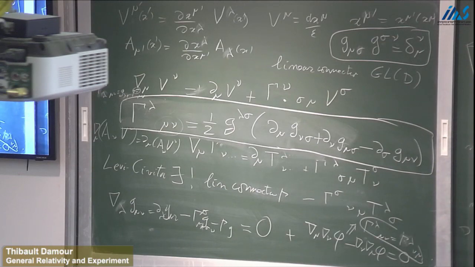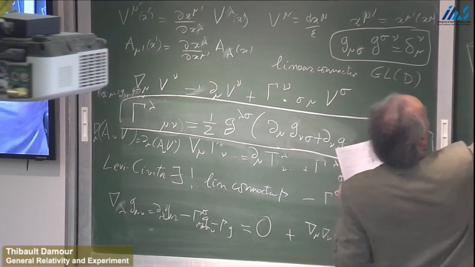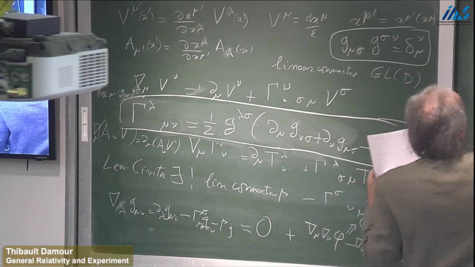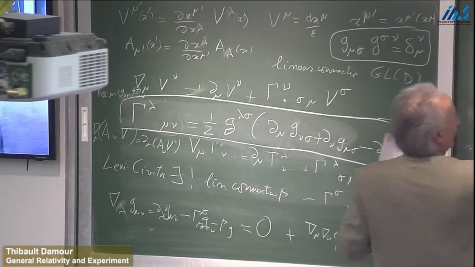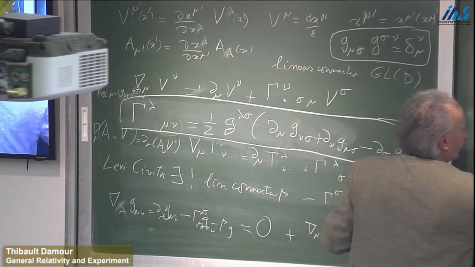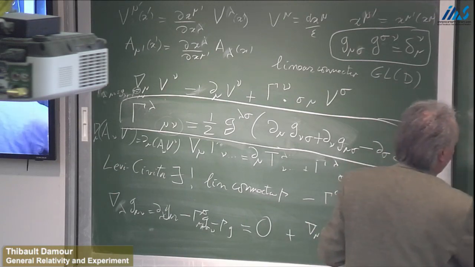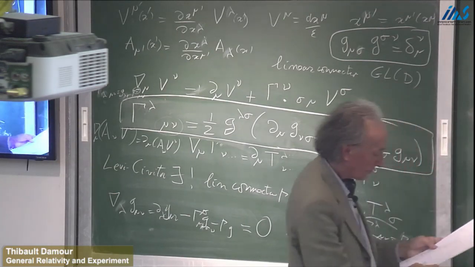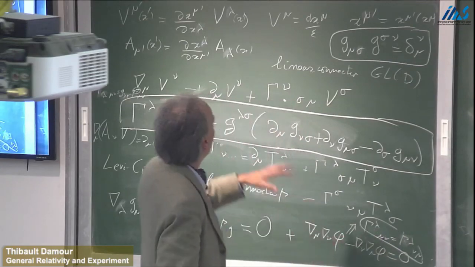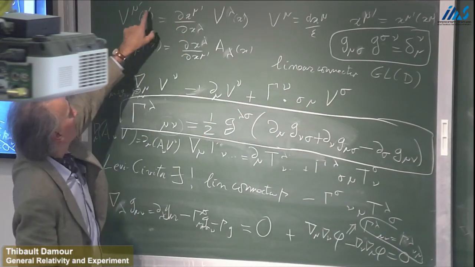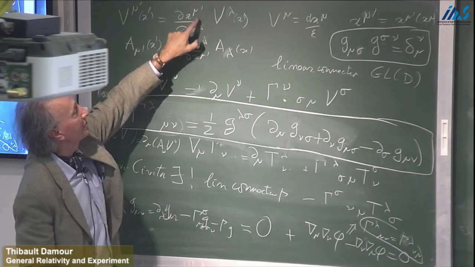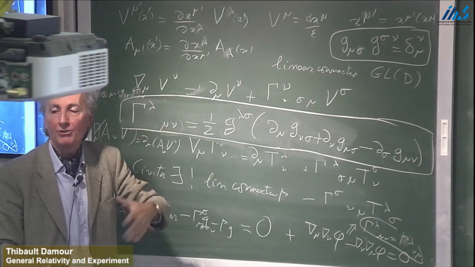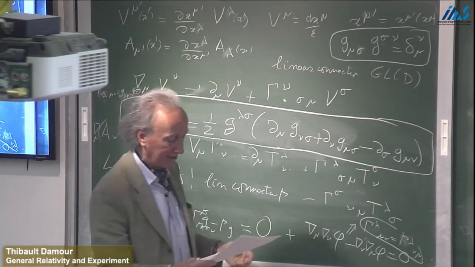Except for the following fact that I have worked here in coordinates. That is to say, I was assuming, like here, that I have a manifold which is represented by coordinate x mu. And I represent also all the vectors and tensors with indices linked to these coordinates. When I change coordinates, the x mu means this thing, okay?